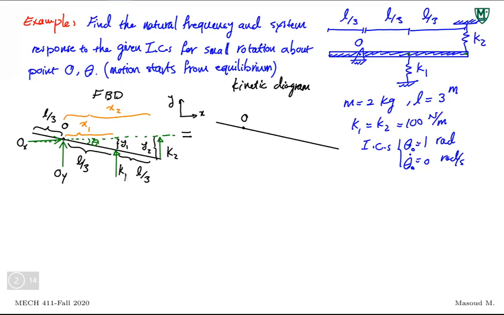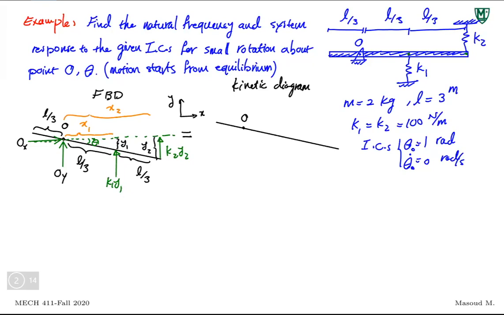These are the values that the springs are stretched, so I can just add them here. At this point it's better if I use green so the springs are clearer. This spring force is going to be K2 Y2, and this spring force is going to be K1 Y1. Y1 is the amount that spring 1 is stretched, Y2 is the amount that spring 2 is; if spring 1 is compressed, spring 2 is stretched.